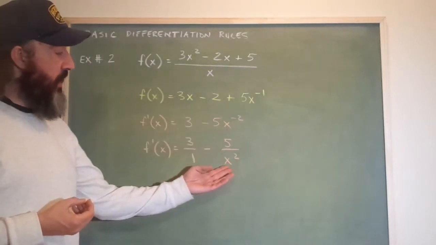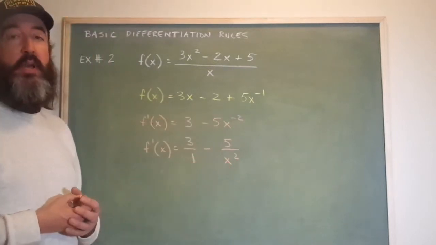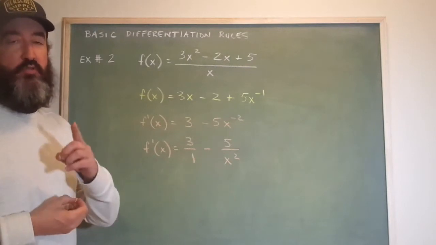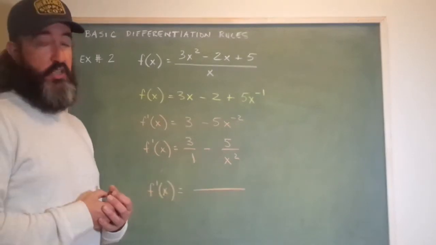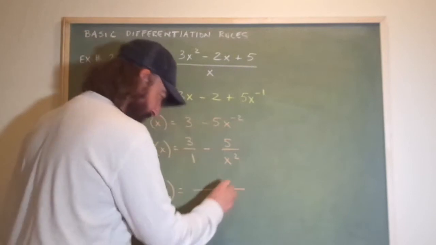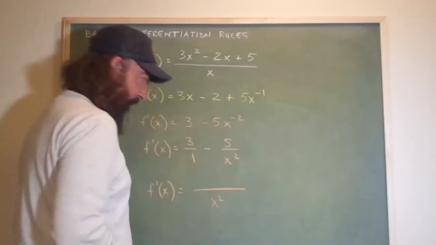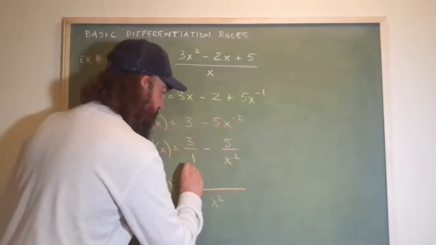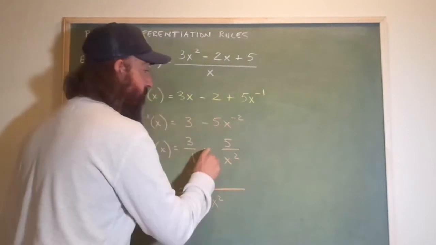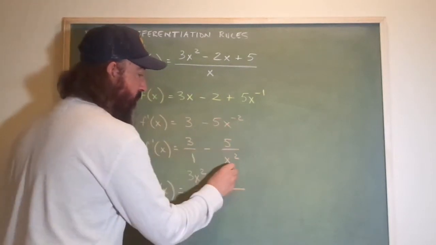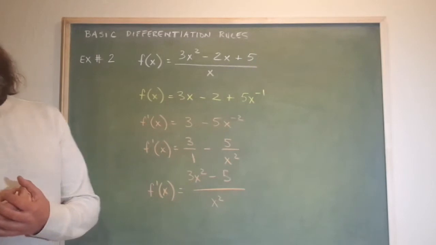Since I have a fraction, I might as well write this as a fraction also and use the McFarland method for subtracting fractions. So my denominator is 1 times x squared, or x squared, and my numerator is x squared times 3, or 3x squared. Take away 5 times 1, which is of course 5.